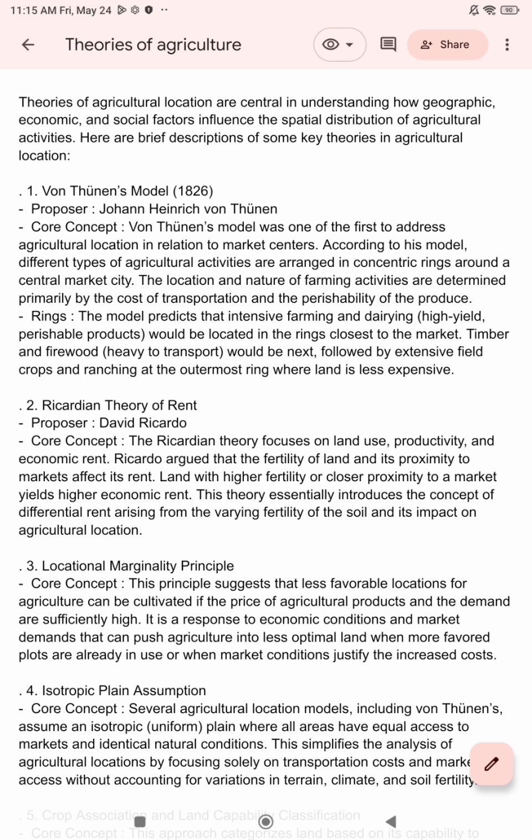If we see, Ricardian theories focus on land use, productivity, and economic rent. He argued that the fertility of land and proximity to market affect its rent. Land with higher fertility or closer proximity to market yields higher economic rent, as we said.